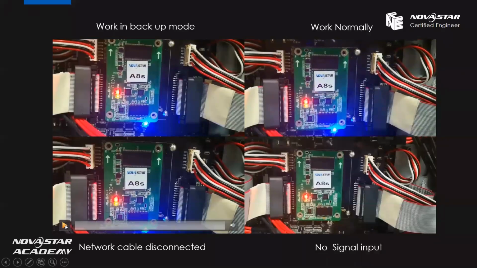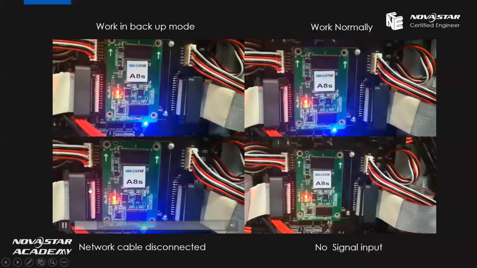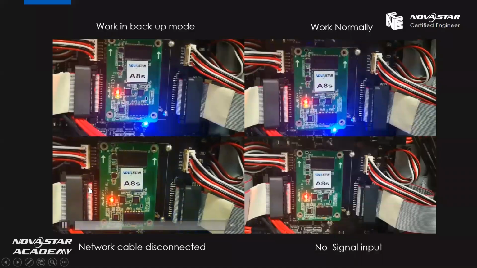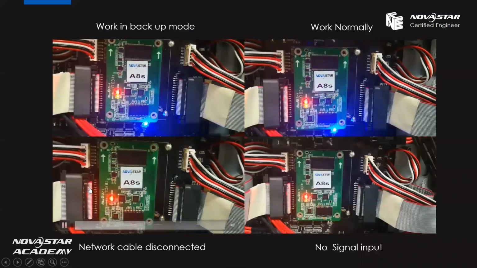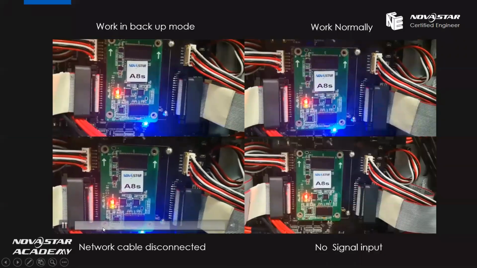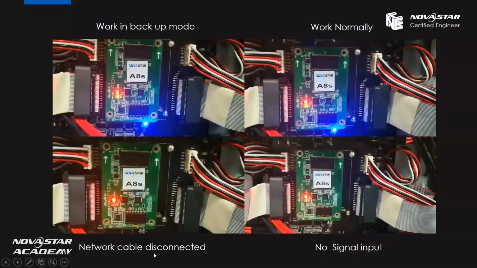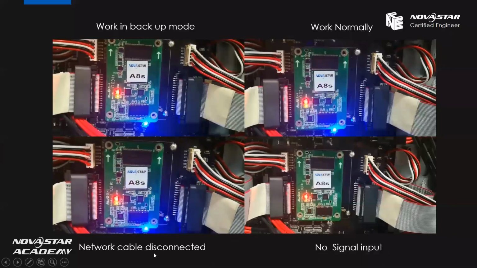The third one, the green light flashes very slowly, once every 5 seconds, means the network cable is disconnected.